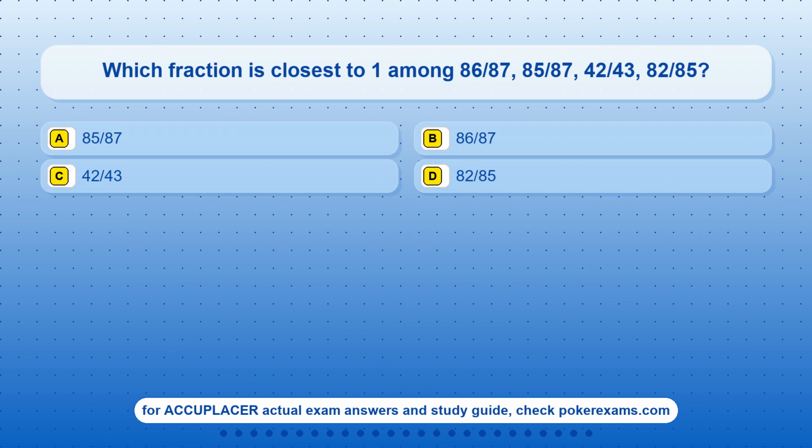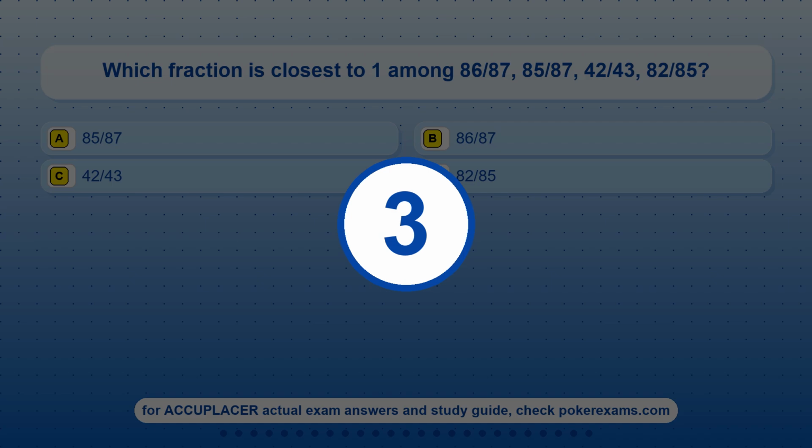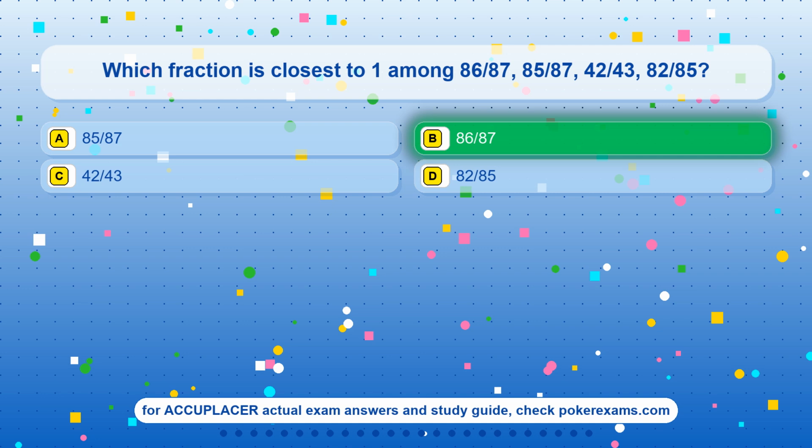Question 24. Which fraction is closest to 1 among 86/87, 85/87, 42/43, 82/85? Option A 85/87, Option B 86/87, Option C 42/43, Option D 82/85. The correct answer is Option B, 86/87.